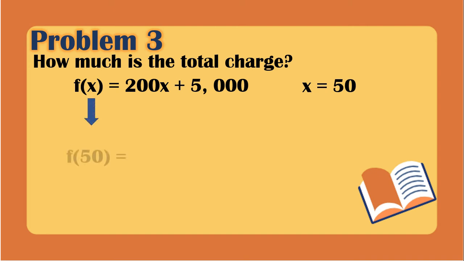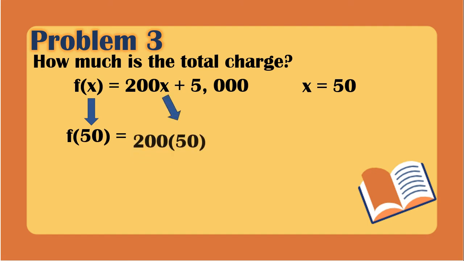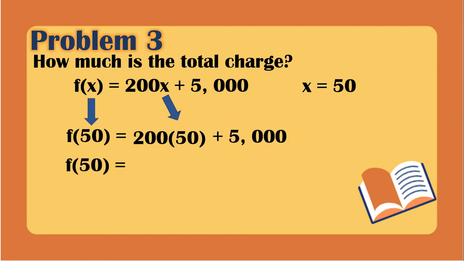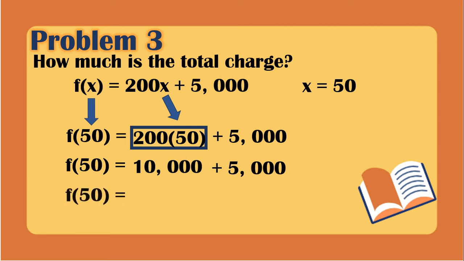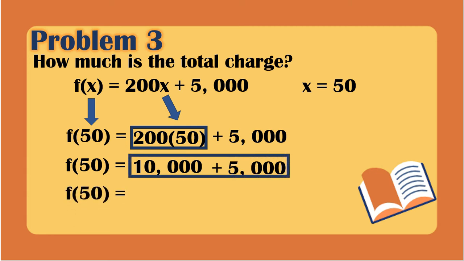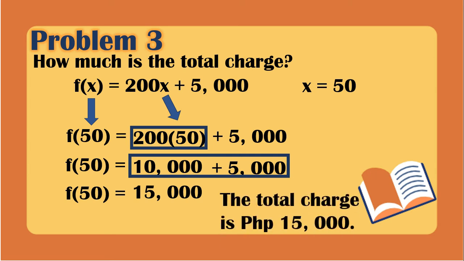We will have f of 50 is equals to 200 times 50, which is the x, plus 5,000. Copy f of 50 equals 200 times 50, that is 10,000. Copy 5,000. 10,000 plus 5,000, that is 15,000. So the total charge is 15,000 pesos.